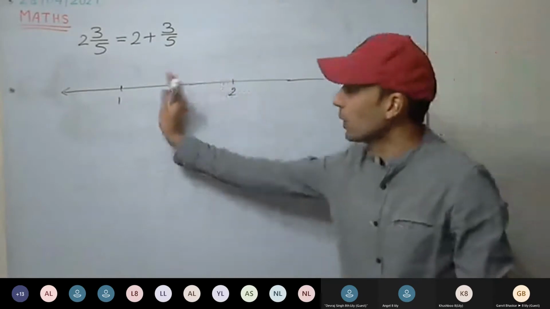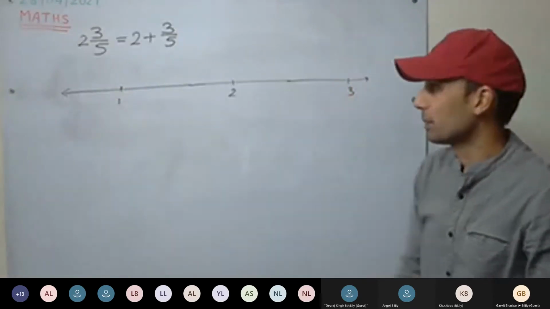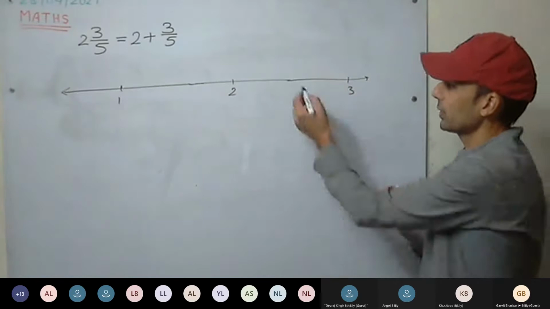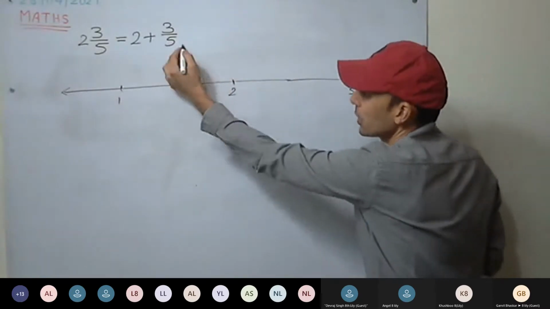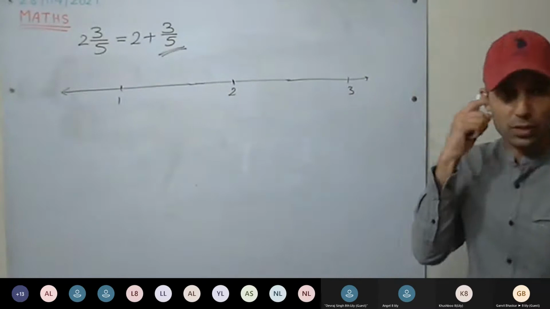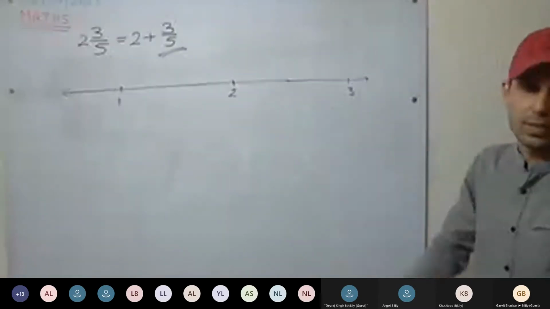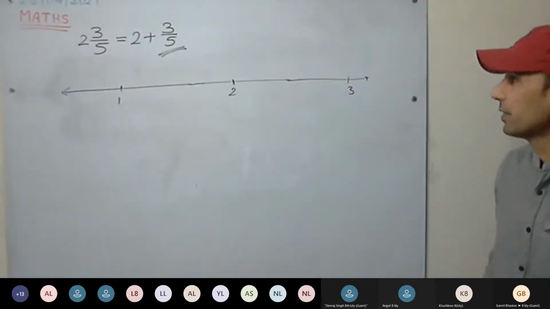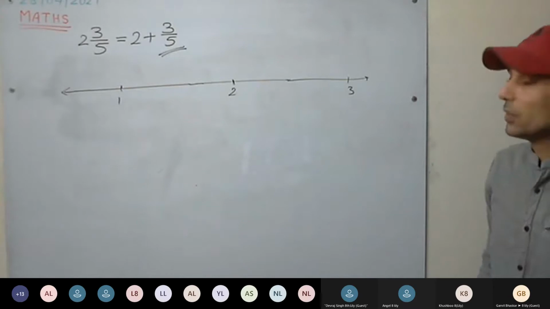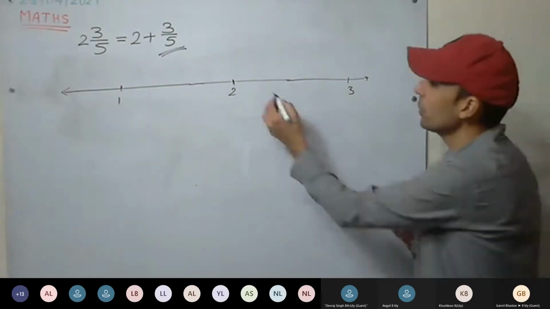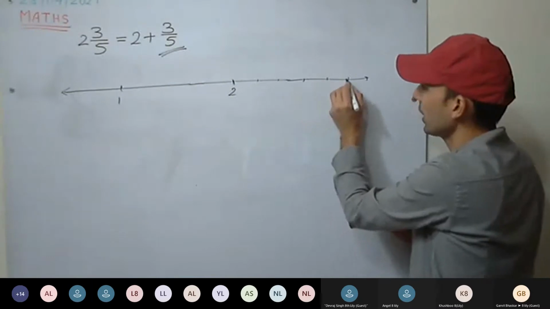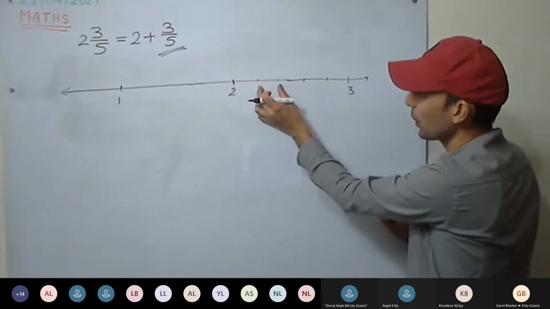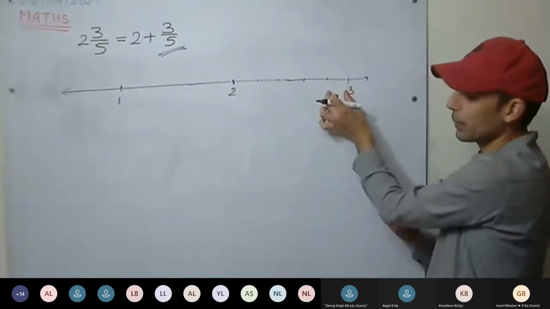You can start from 2 as well, no need to draw the rest. So 2 is already there, and after 2 we need 3 by 5. How many parts do we have to divide into? 5 parts. 1 part, 2 part, 3 part, 4 part, 5 part.